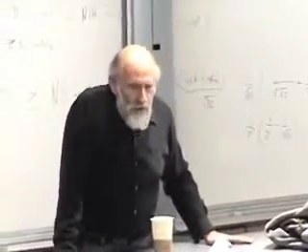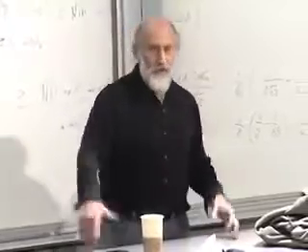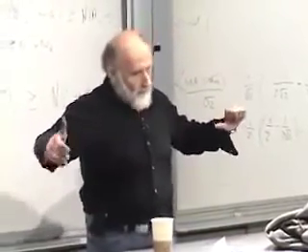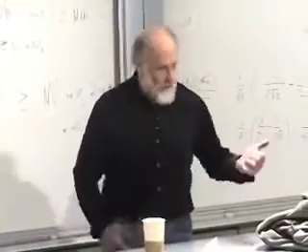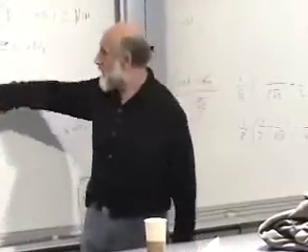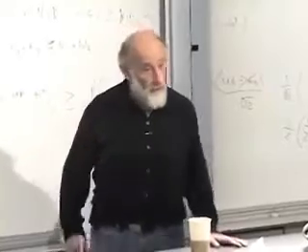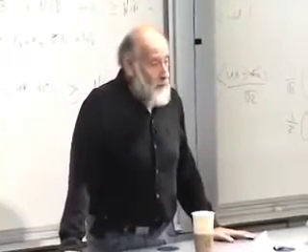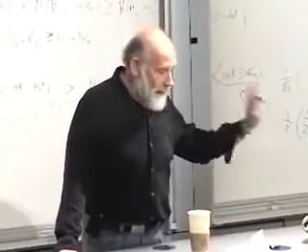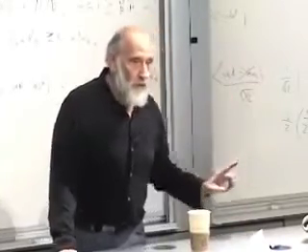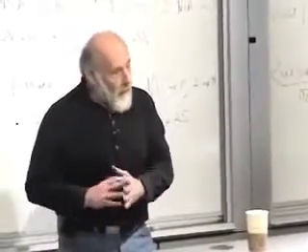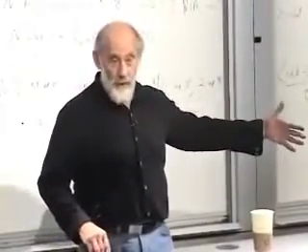So one of the things in Aspect's experiment was not just taking these singlet electrons and measuring them, the left one and the right one, and checking whether the inequality was satisfied, but he managed to do it in such a way that there was no ambiguity that Alice's electron was measured sufficiently soon after Bob's electron that light could not have propagated between them.